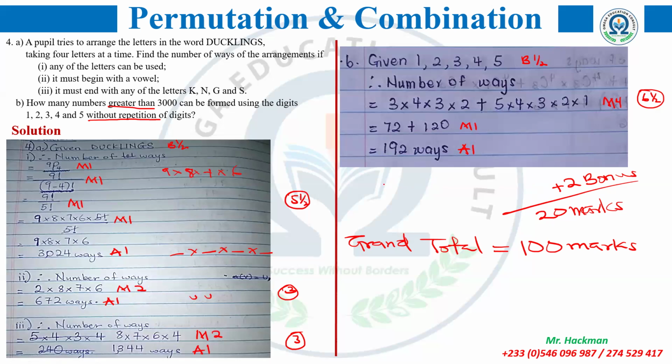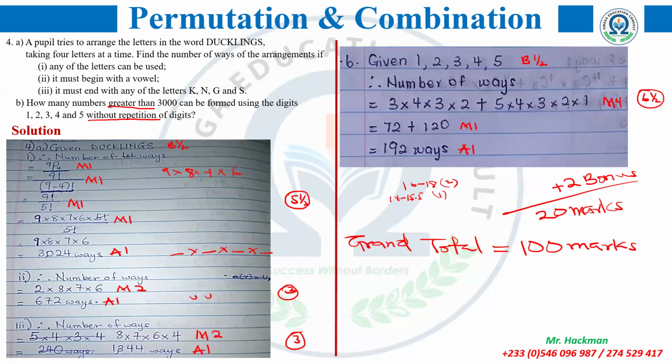If you get 16 to 18, you get your 2 bonus marks. However, if you get 14 to 15, or even 15.5, you are supposed to get only 1 mark of the 2 bonus marks. Take note of that.